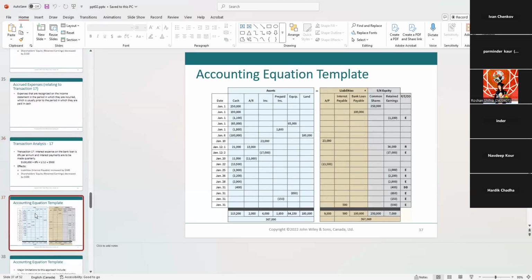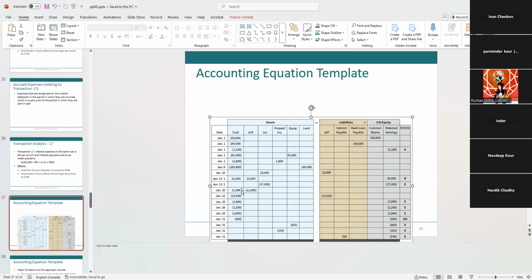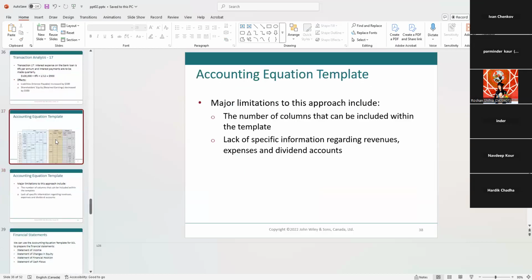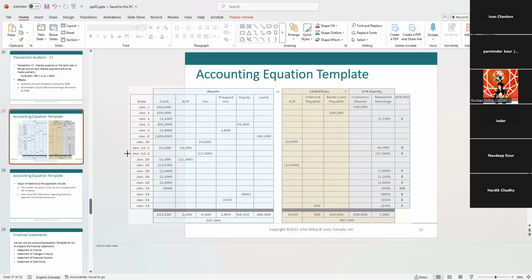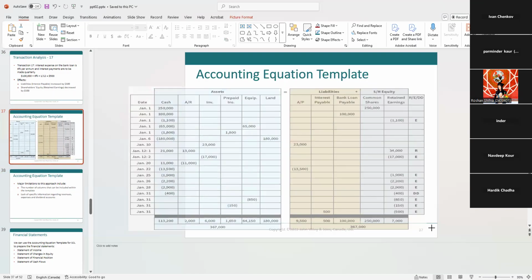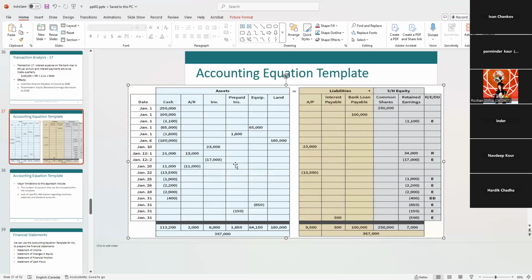When we posted the transactions, we saw what happened with cash during the period of one month, what happened with assets, liabilities, and equity. We saw those things last time, if you remember. And keep in mind, assets are always equal to liabilities plus shareholders' equity.